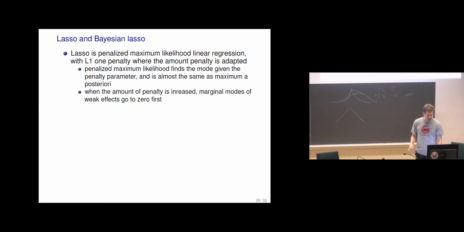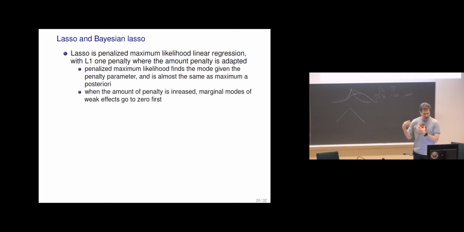And then the Lasso algorithm starts with a weak penalty, and then increases the penalty, and checks when the mode of each coefficient gets to 0, and eventually one by one these coefficients get to 0, and each covariate is removed from the model.